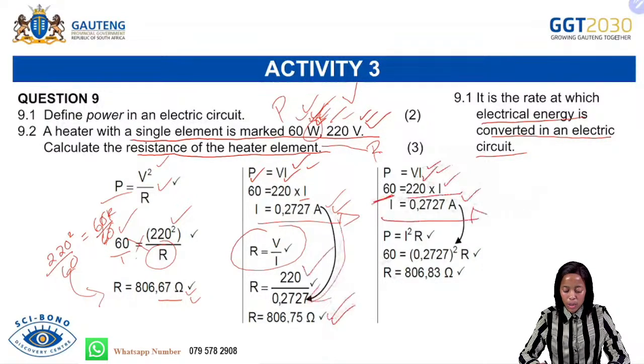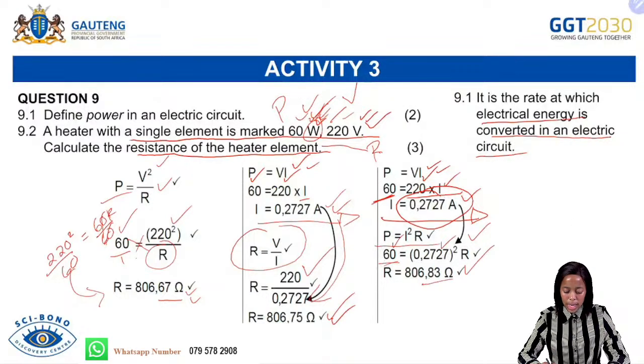After you have calculated the current, you are going to use this formula: P is equal to I squared multiplied by R. So you substitute the power, which is 60 watts, the current which you calculated here, and again calculate the resistance.